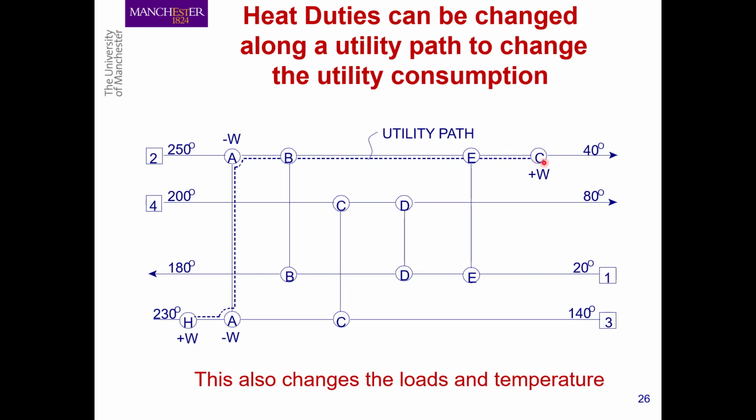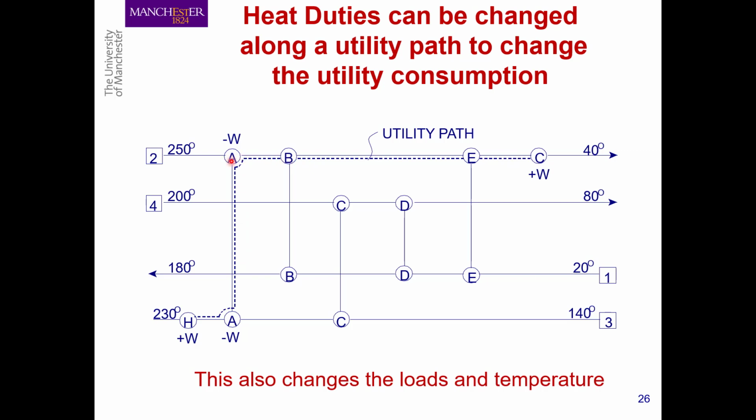Okay, and because we said that we are now in a system that is suboptimal in terms of energy recovery, we are trying to optimize our energy, but we are also trying to reduce the area of these exchangers. And along this utility path, we can actually shift the heat load between different units.